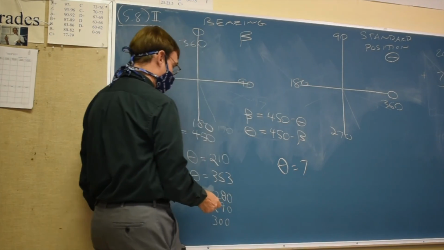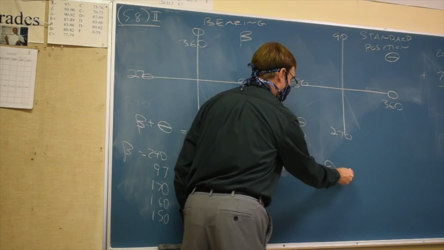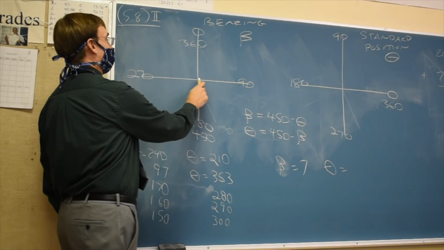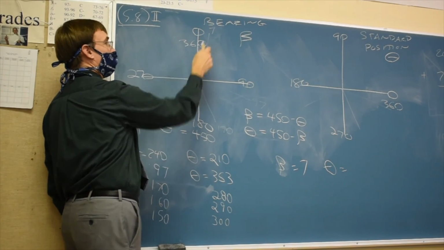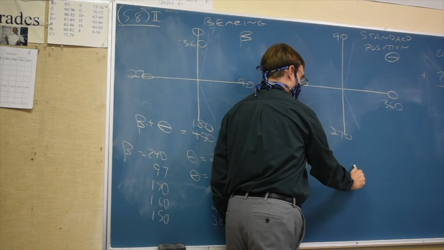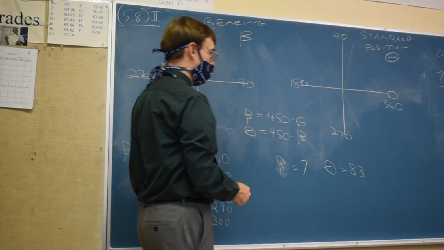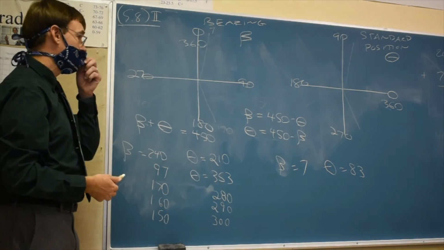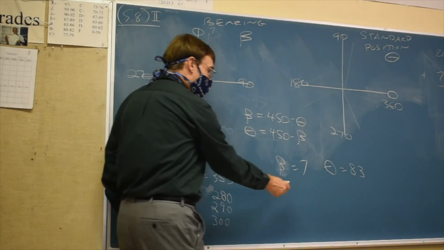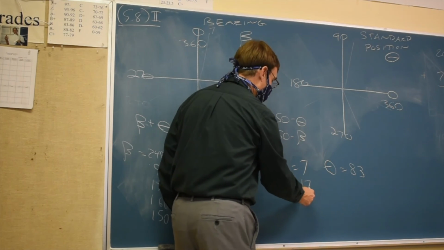Let's go back to Emily's idea though. She suggested a 7. So if I go 7, we go 83. Different but very similar relationship still exists. Pick another number under 90. 17.